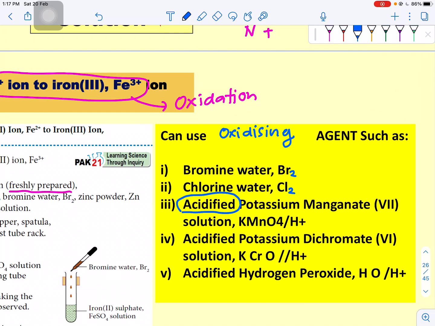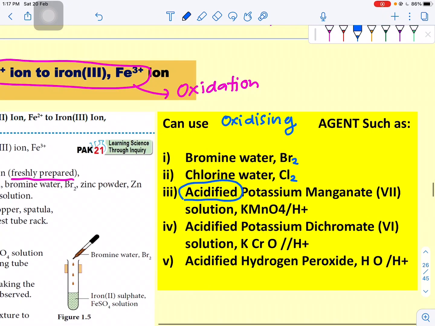Menjadi acidified potassium manganate 7 solution. So kalau kita sebut potassium manganate only, people akan anggap you are talking about potassium manganate in solid state. So it's not yet an oxidizing agent. Tapi bila sebut perkataan acidified, kita dah buat bancuhan untuk dia. And same goes to the next one, acidified potassium dichromate 6 solution.